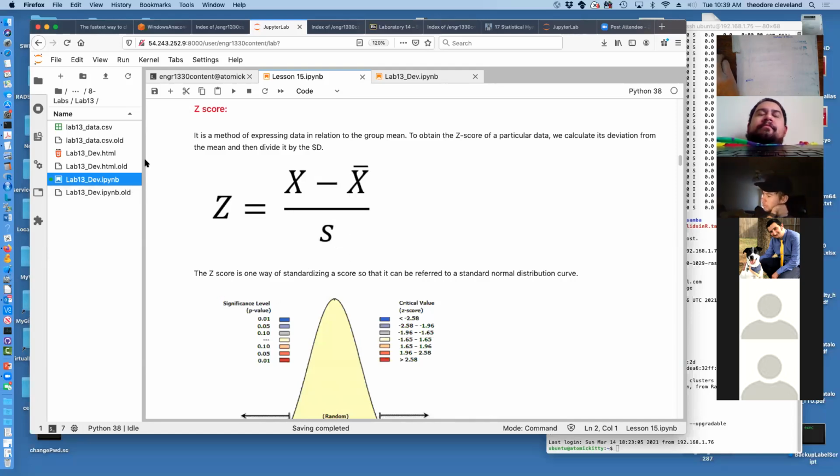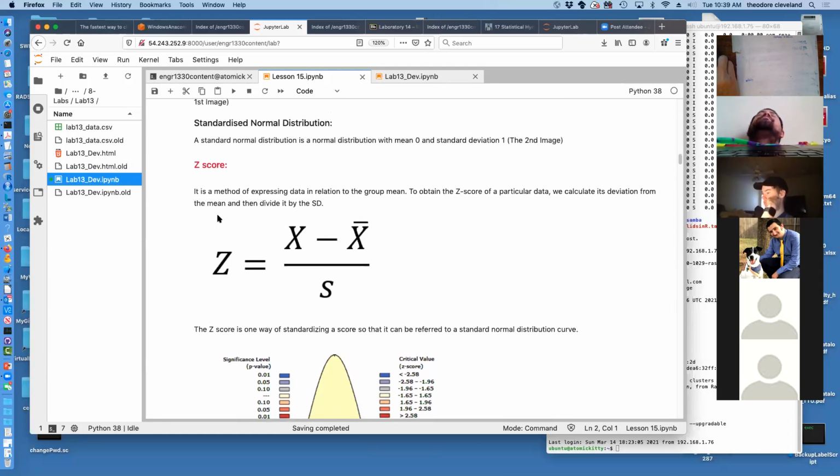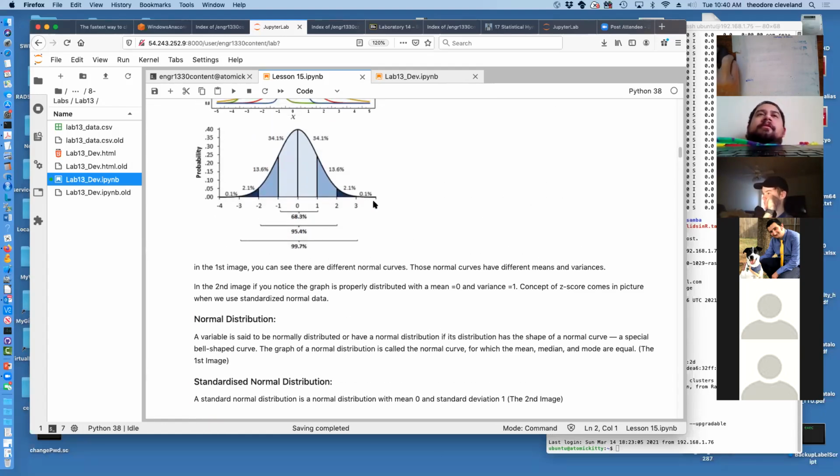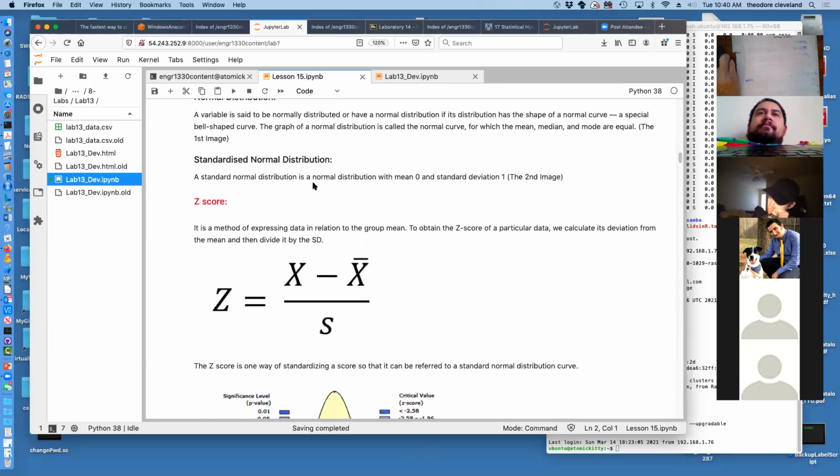Then we make an observation that we think might be from that population. Our observation is cap X. We subtract off the population mean, we take that result and divide it by the population standard deviation, and what we have left is the z-score. What the z-score is doing is telling us where on this axis that observation will lie, assuming the underlying distribution is this standard normal distribution. So that's called normalization.